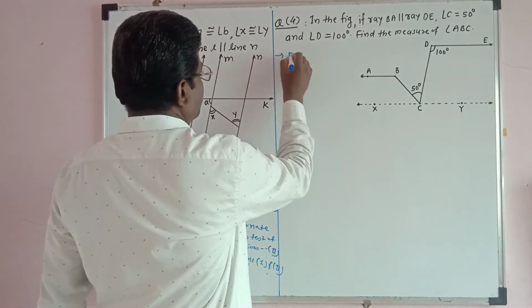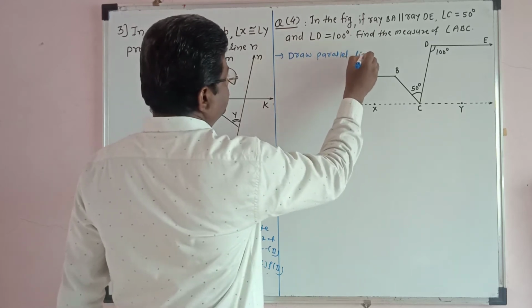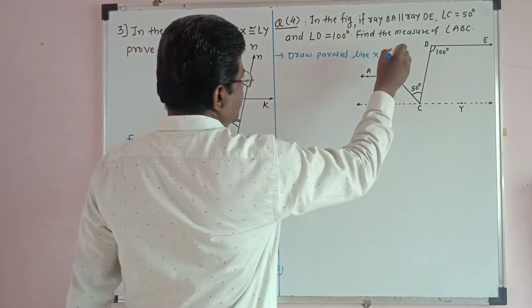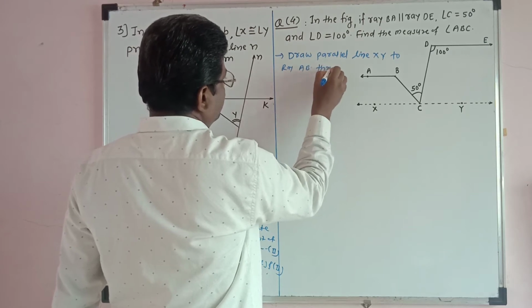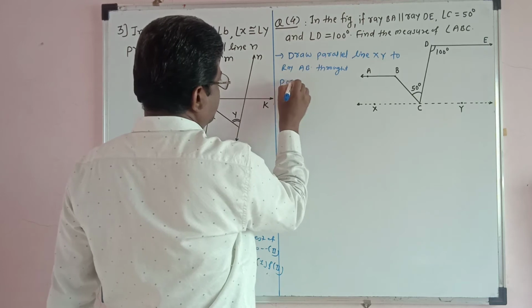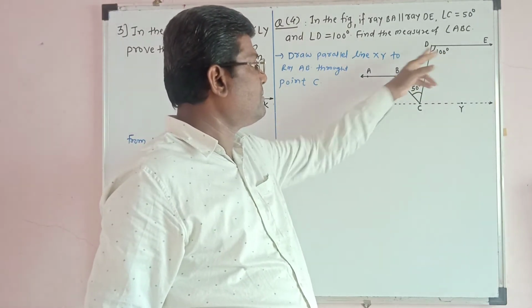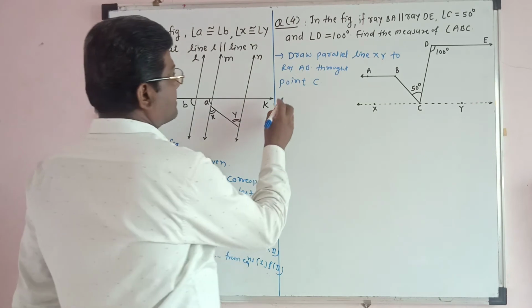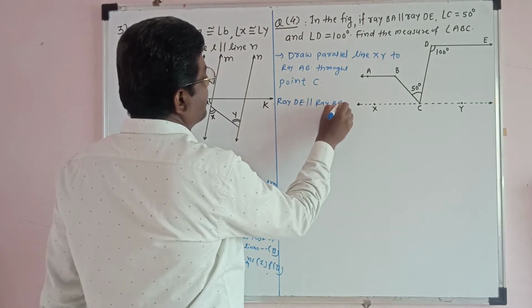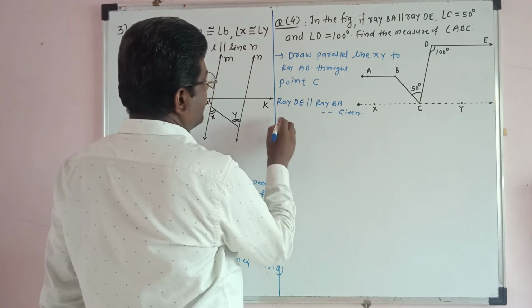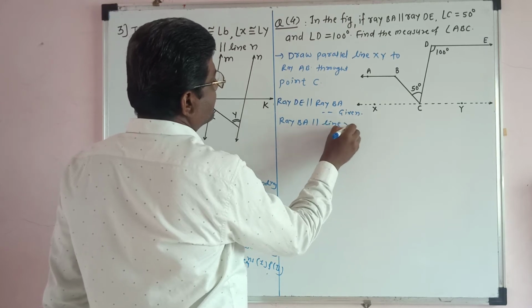So write, draw parallel line XY to ray AB through point C. Now ray DE parallel to ray BA, it is given, and ray BA parallel line XY.